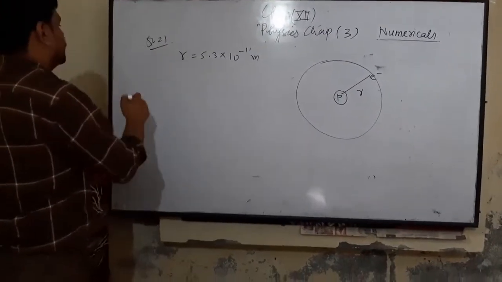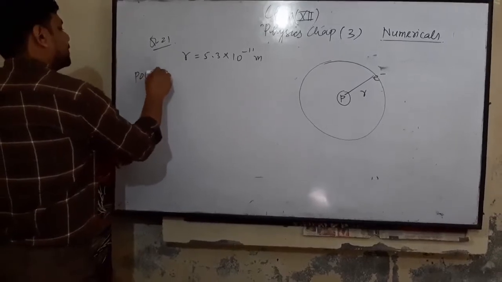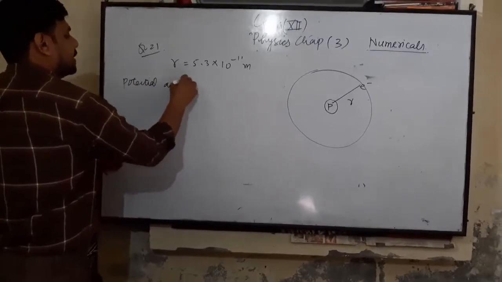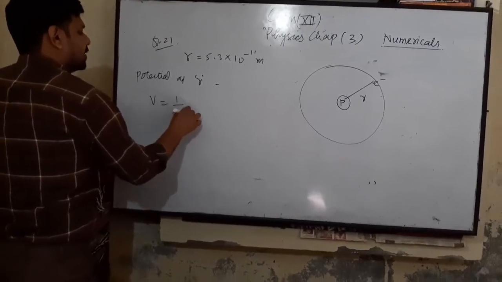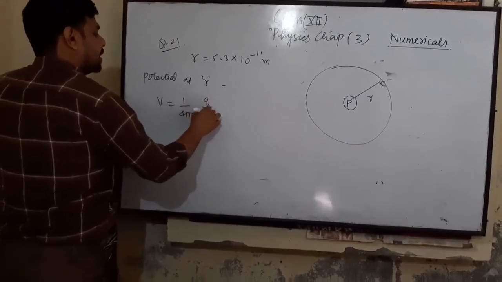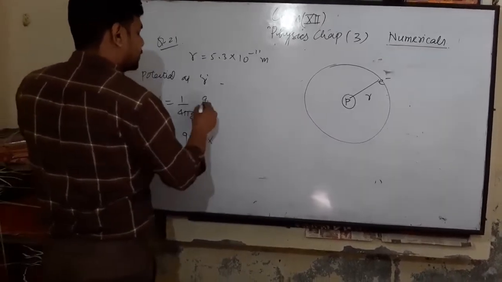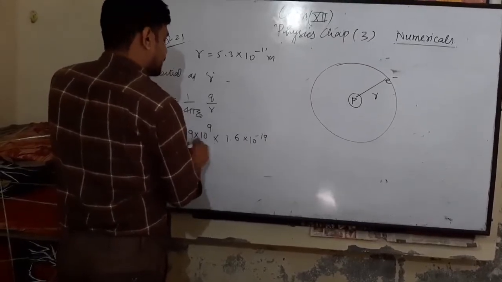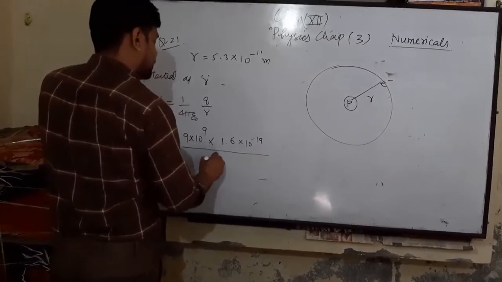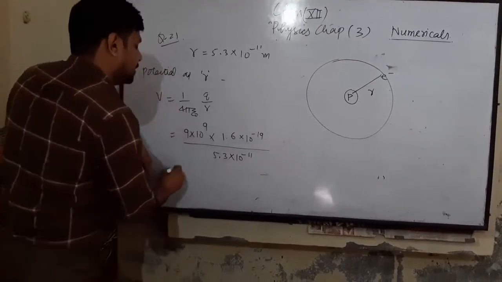So potential at R, V is equal to 1 over 4 pi epsilon naught Q over R. Here Q is 1.6, the charge of the proton, upon R, this radius 5.3 into 10 to the power minus 11.